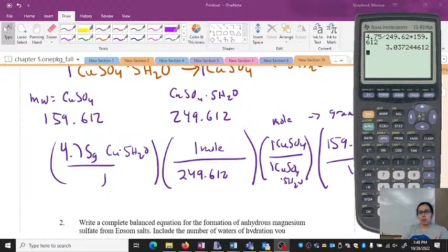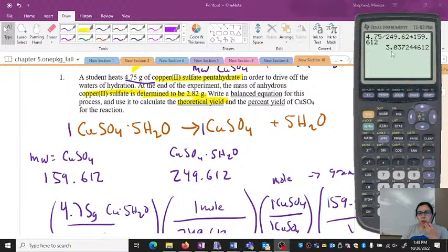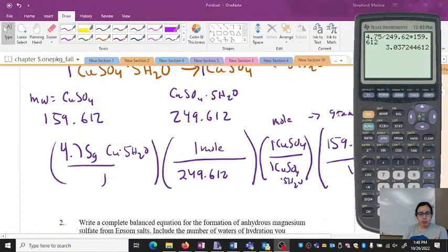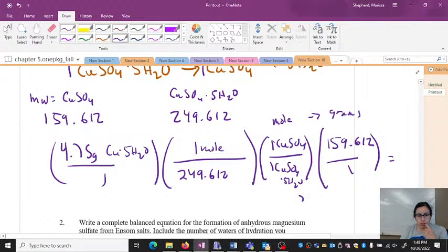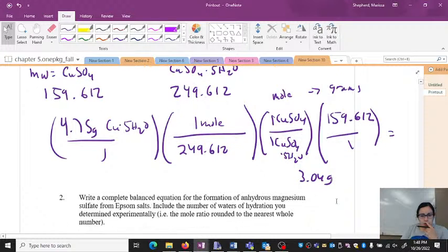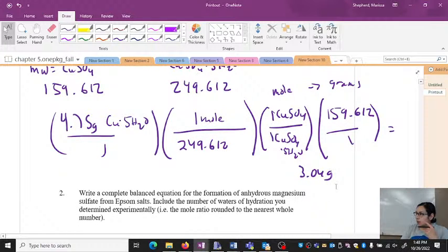But would it round up to 3.04 though? Oh, yeah, so we can round it up to 3.04 then for sig figs. So 3.04 grams. And of course, you could have something slightly different with rounding, depending on your numbers here. But something like that.